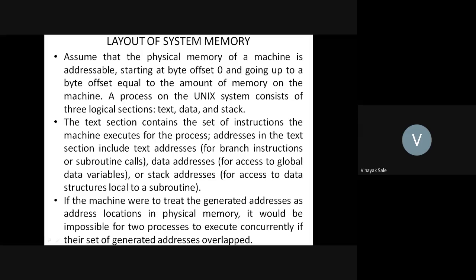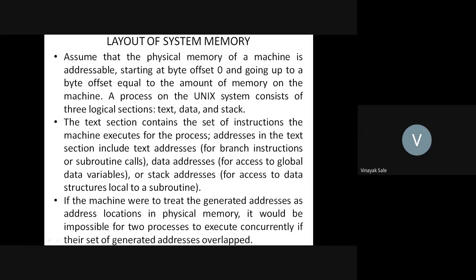A process on a Unix system consists of three logical sections: text, data, and stack. The text section contains the set of instructions the machine executes for the process.